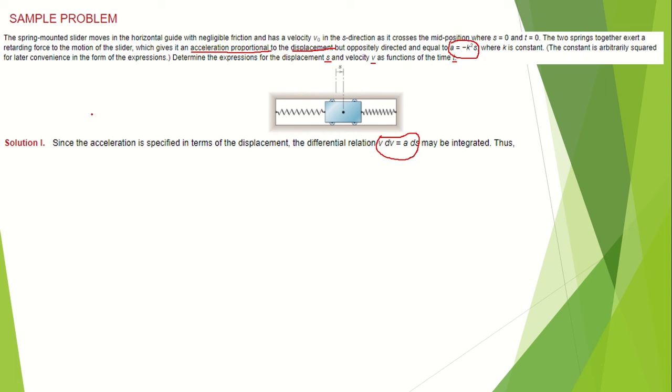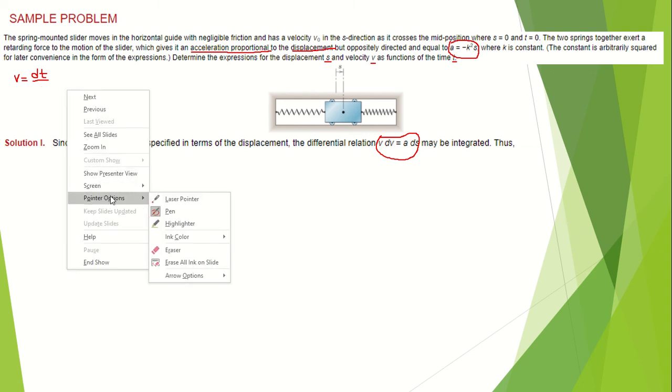Again, from the basic concept, velocity is just the derivative of the displacement, that is, v equals ds over dt.